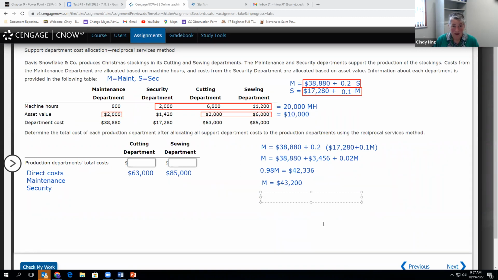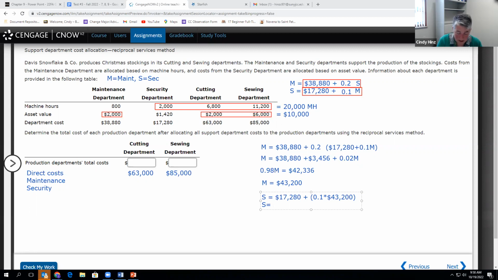Now I'm going to plug that number into the second equation to find the total for the security department. S equals 17,280 plus 0.1 times M, which we now know is 43,200. So 0.1 times 43,200 is 4,320.